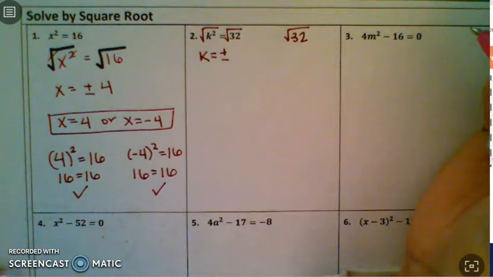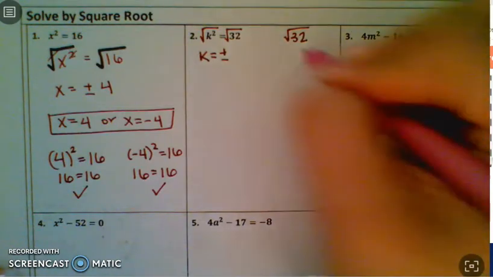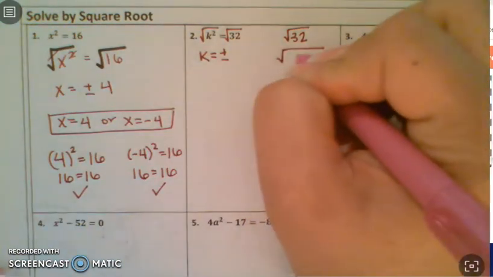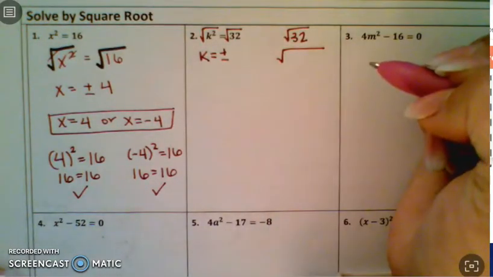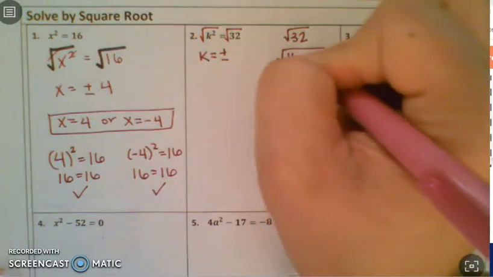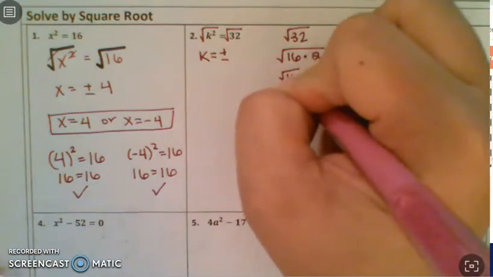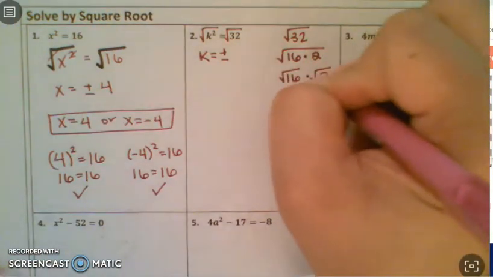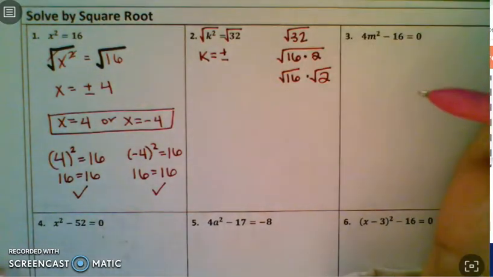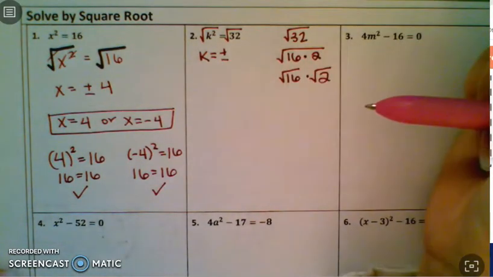Well, 32 has a perfect square in it, meaning that there's a number times another number that makes 32. Well, 16 times 2 makes 32, which means the square root of 16 times the square root of 2 makes the square root of 32. Well, the 16 is a perfect square.